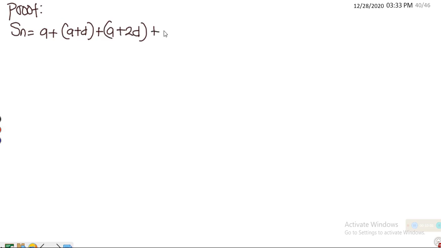How do we come about this formula? Proof. So let Sn equal A, the first term, plus second term, plus third term, okay, plus up to the second to the last term, let's say L minus 2d, plus L minus d, the second to the last term, and plus the last term.